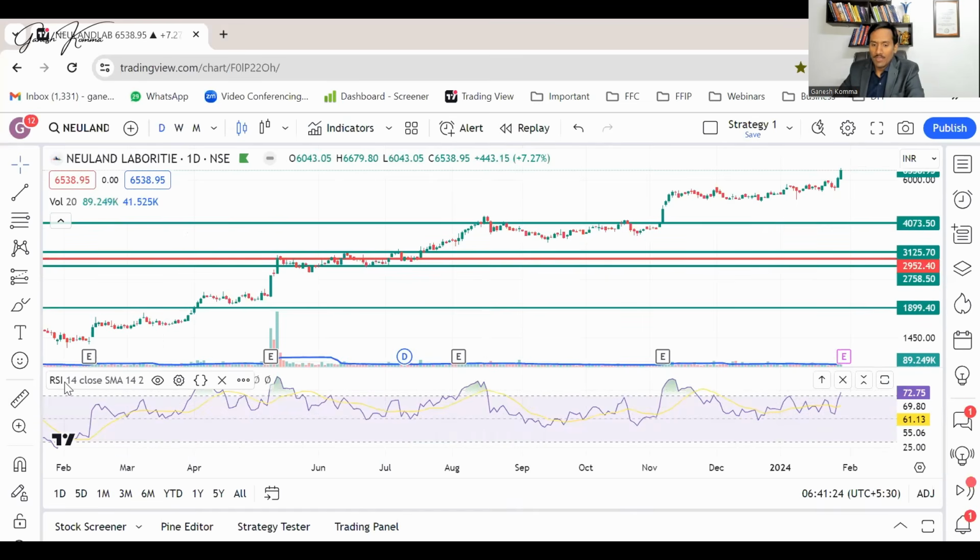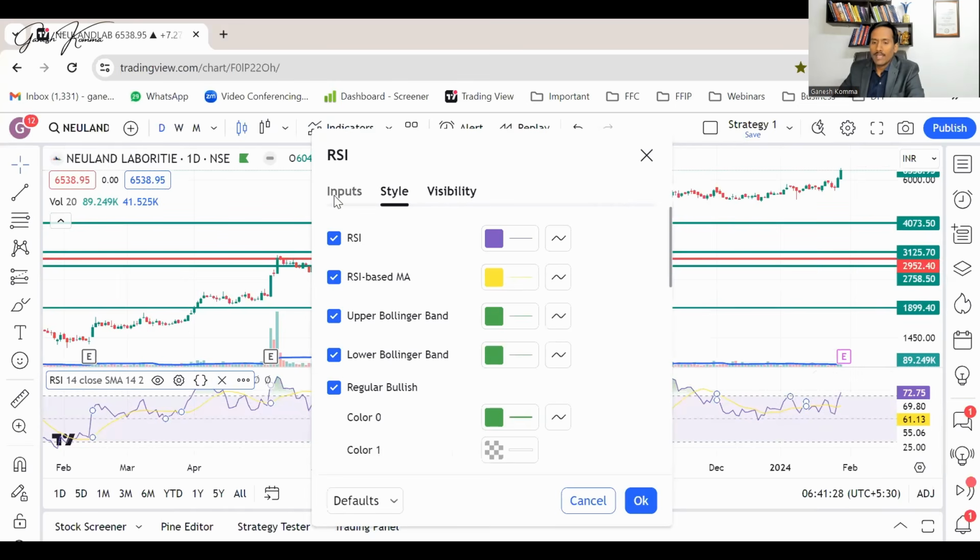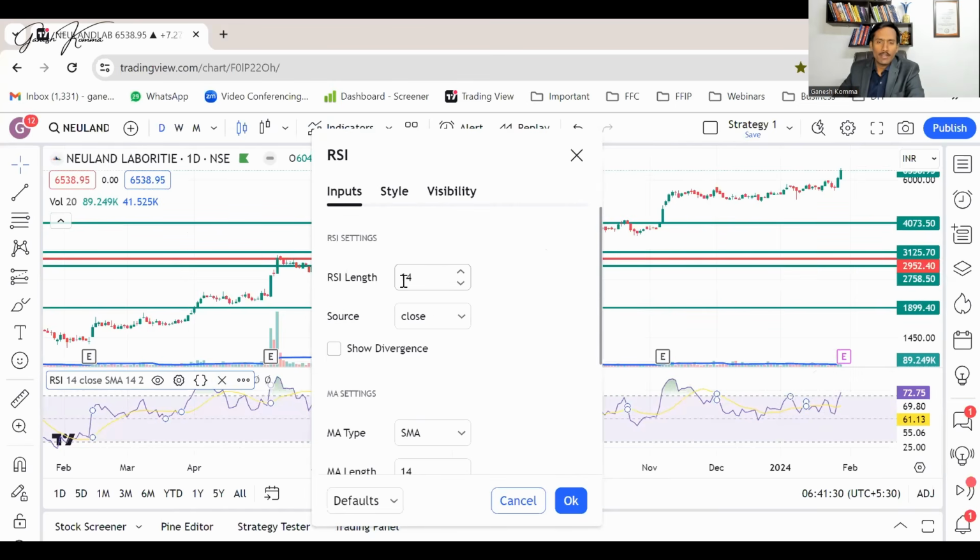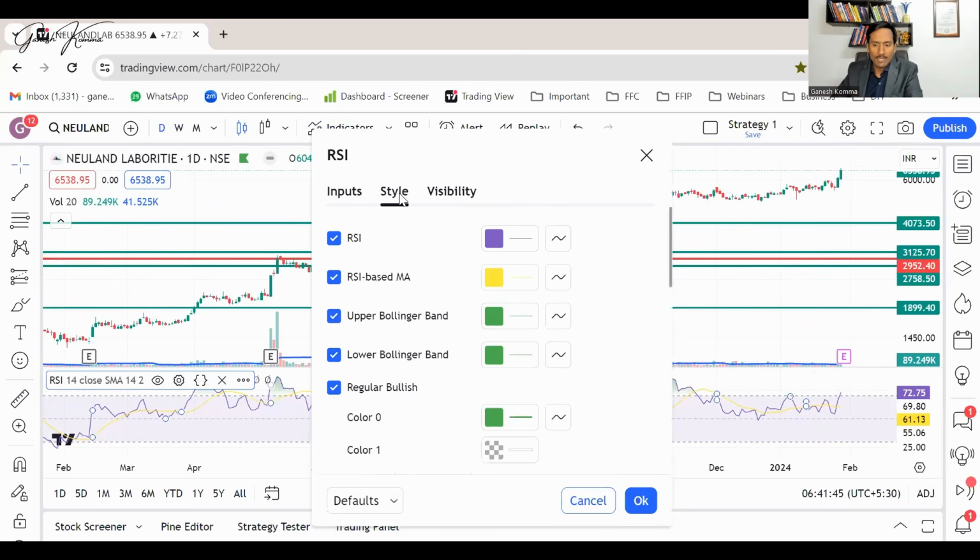If you go to the settings, it will be looking at 14. 14 is the period, which means for the last 14 days it will be checking the closing price of the stock, and it will assess how the strength is being built up.